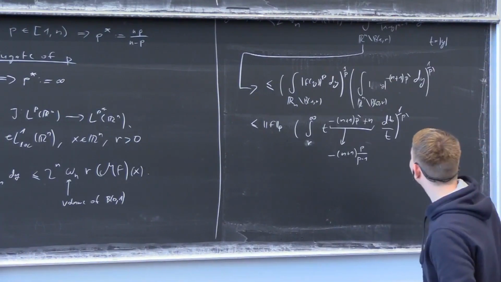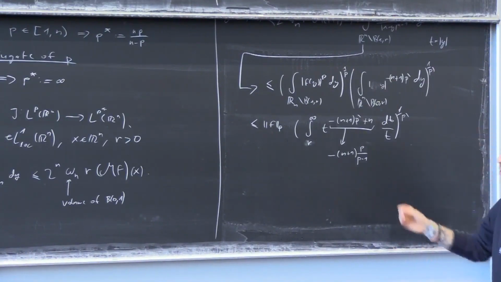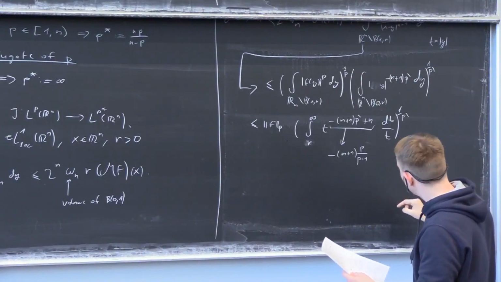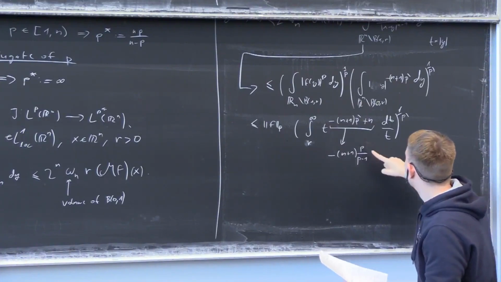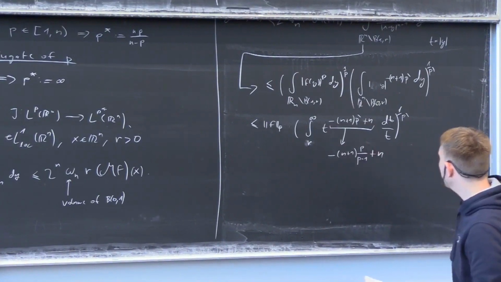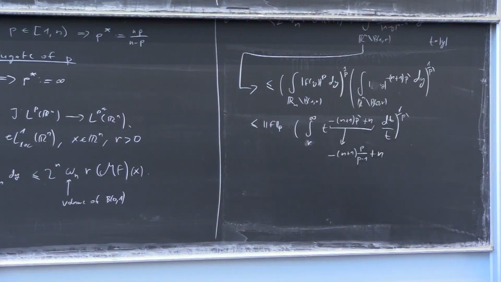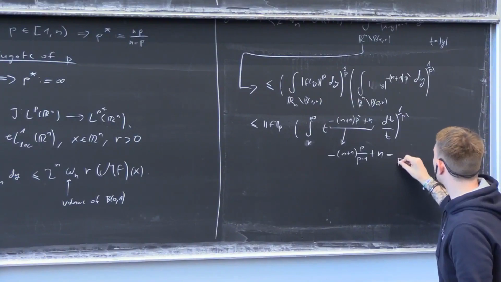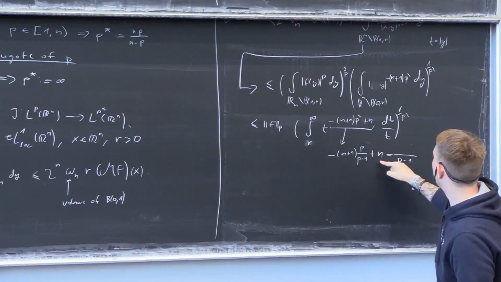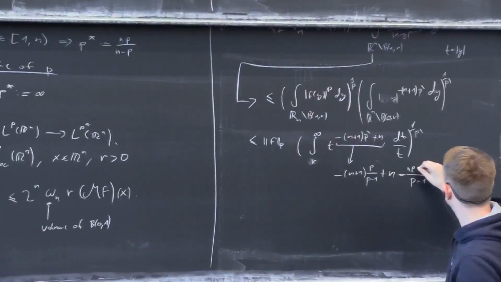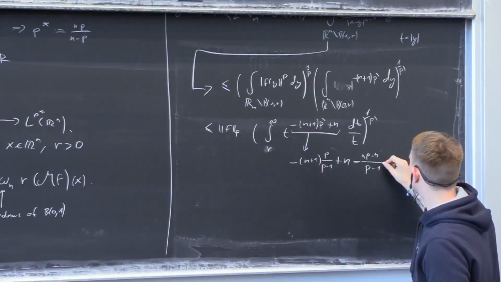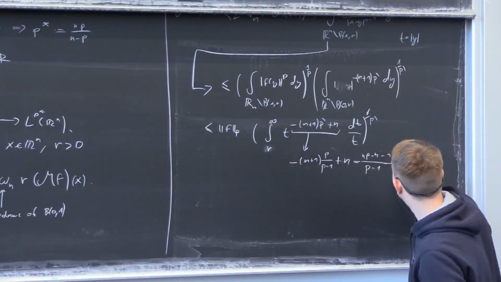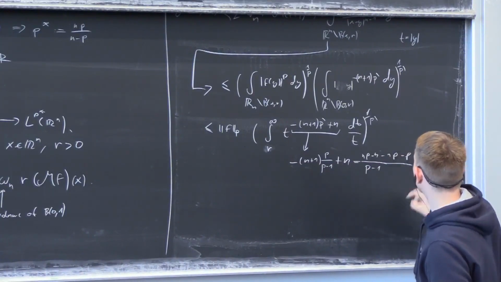So I have to look at what the inverse of 1 over p prime is. Plus n. And then we can essentially just compute it. So we want to write this as p over p minus 1. Then we get np minus n. This factor gives us minus np minus p.